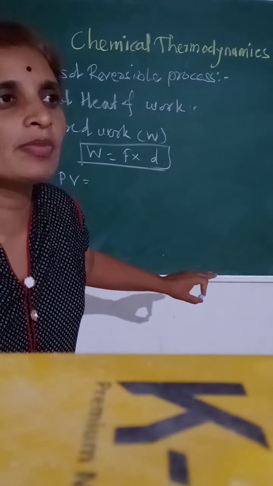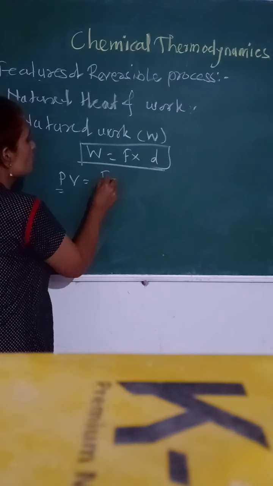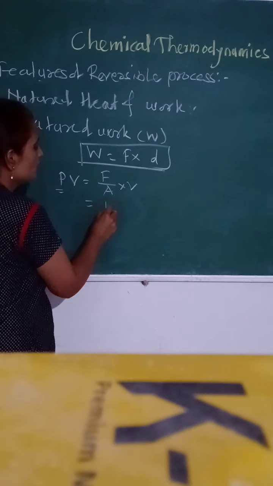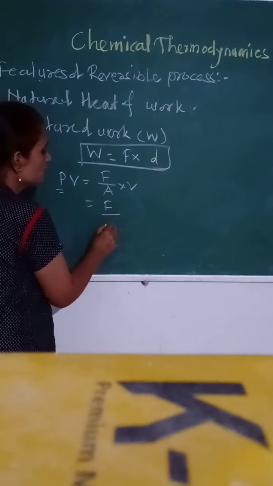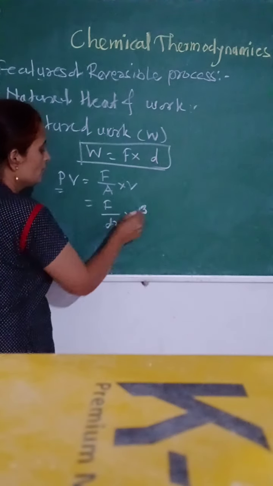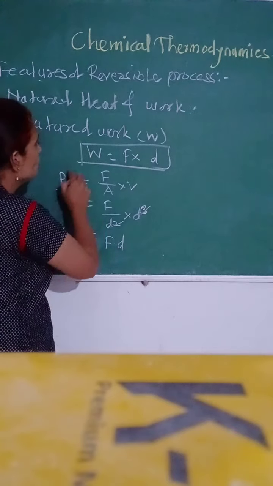Pressure is force per unit area, multiplied by volume. The area is in terms of d square and the volume is d cube, so one factor of d is cancelled, leaving F into d, which is the work.